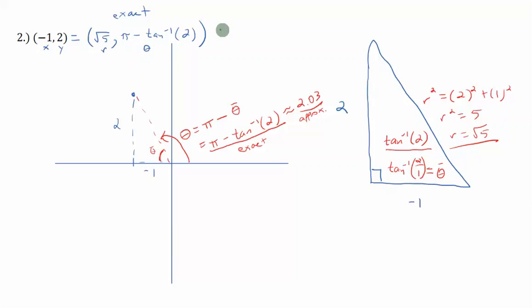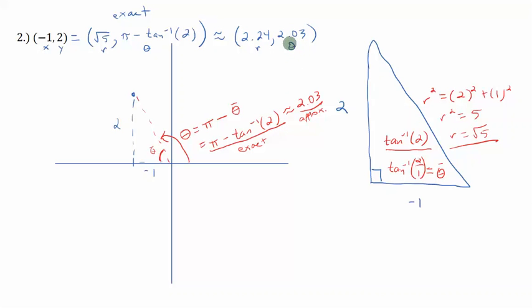If you want to approximate, you could calculate the square root of 5 approximately, and you'd get r to be approximately 2.24, comma theta, which we already said is approximately 2.03. So this would be r, and this would be theta.